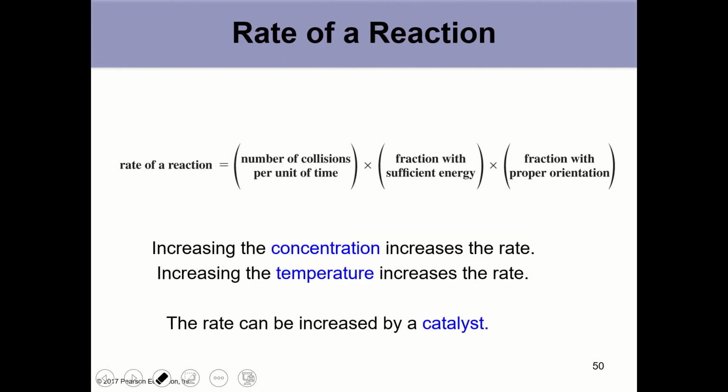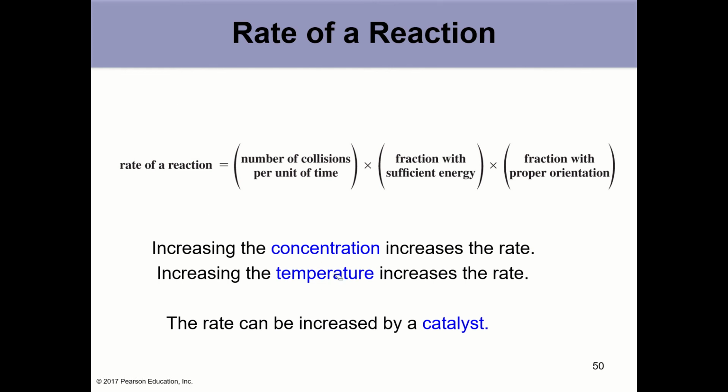That's basically explaining the rate of a reaction, k, based on the number of collisions per time, A, the fraction of collisions with sufficient energy, which is also part of the A term, and the fraction of collisions with proper orientation. So increasing the concentration increases the rate, and increasing the temperature increases the rate.